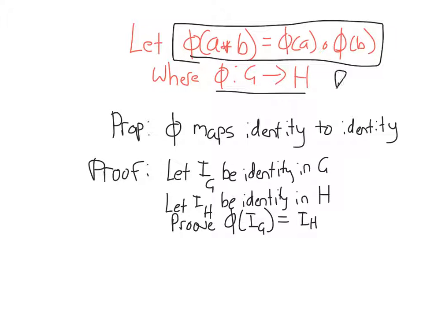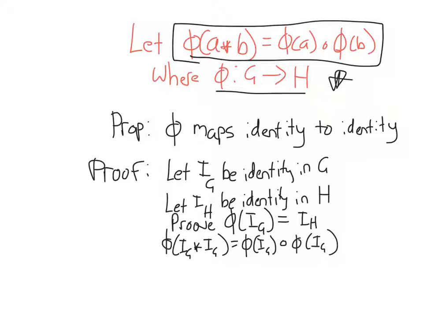And I'm going to use this property up here. So what we're going to do is apply phi, the map, to the identity in G operated on the identity G with itself. Okay? So, because of the properties of a homomorphism, that will be phi of the identity operated, in H, with phi of the identity.